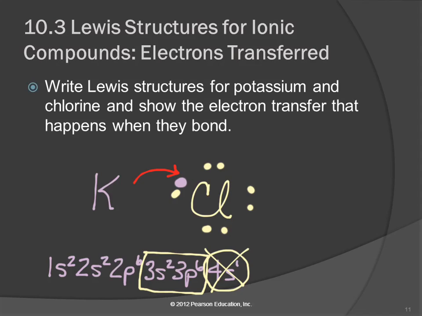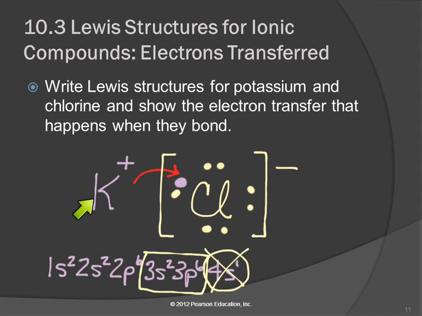It gives it a charge, right? It's short an electron, now it has a positive charge. This chlorine gained an electron. What does it do to its charge? It causes it to be negative. What we usually do is we put a bracket around this and put the negative on the outside, so it doesn't get lost in all the dots, just to be clear.